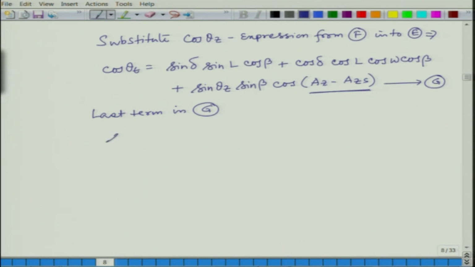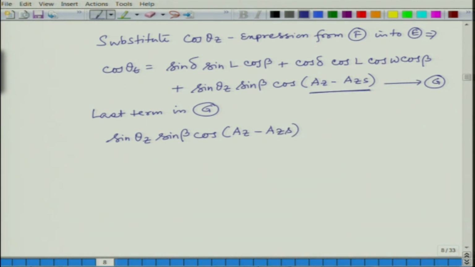So, we need to expand that, so that we get a general relationship. If we do that expansion, we can write: sine of zenith angle multiplied by sine of tilt angle multiplied by cosine of the difference between solar and surface azimuth angle.